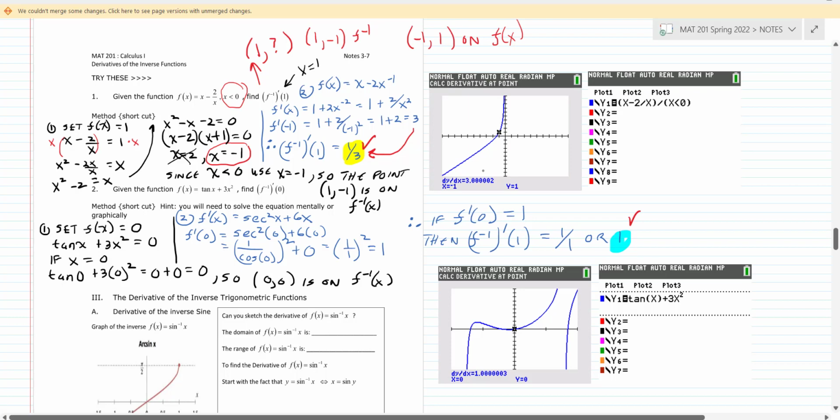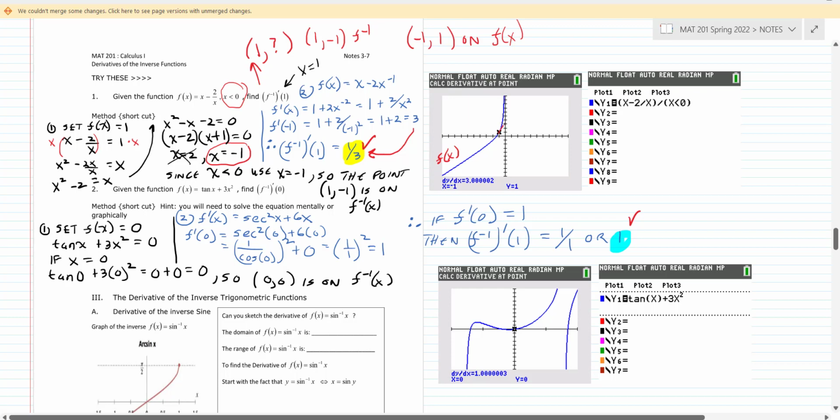Okay, and then graphing this, I put it in like this, x minus 2 over x, with the condition x less than 0. I did this in a standard window. And again, when I found the derivative at negative 1, the idea is right here, this is the graph of f of x. We never found the inverse. We didn't decide to mess with that.